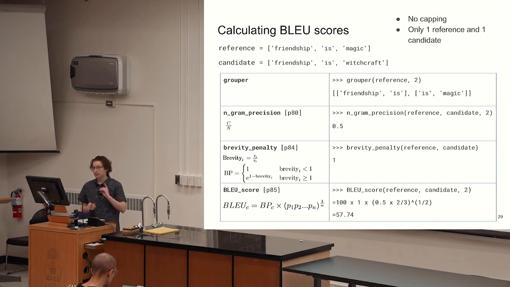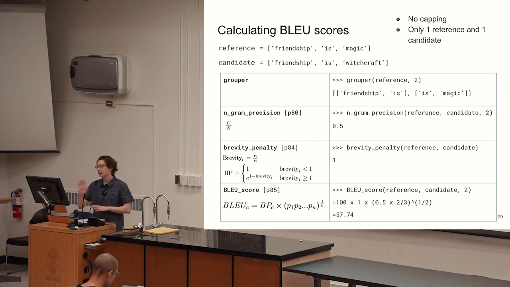And then one thing that came up on Piazza that I wanted to flag for people is that there is no capping, and this applies to the n-gram precision. We're not saying that if a piece of the translation only occurs once in the reference, you can only count it once.